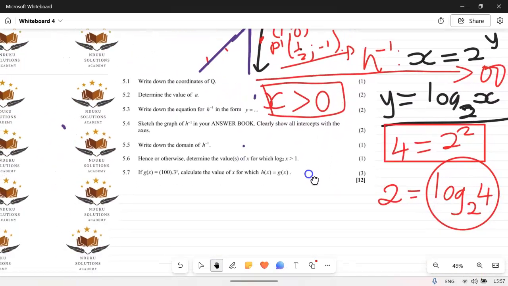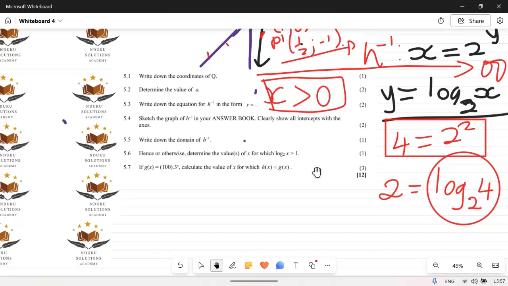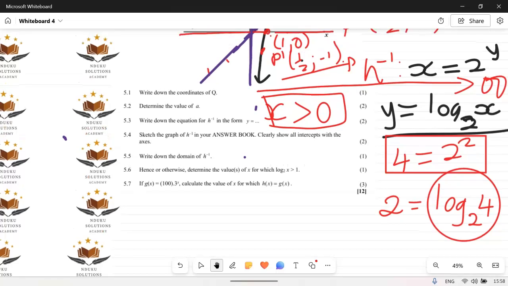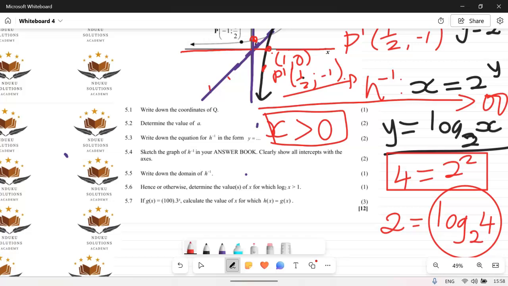And the other way of doing it, let's say the range. Let me just say the range of the original function, h of x, was that y is an element of, and your y was actually greater than 0 because it was on the positive side.